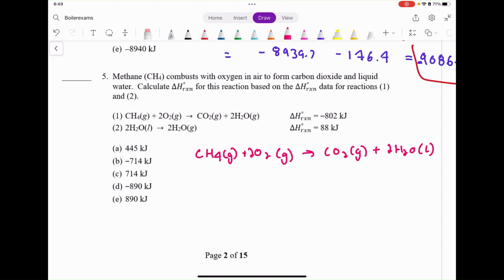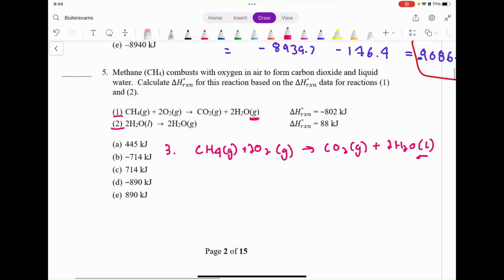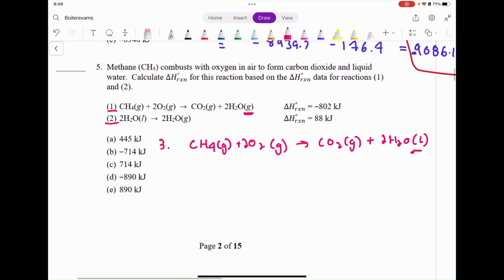So now we're going to have to use the reactions they give us, reaction 1 and 2, to somehow get to this reaction 3, the total reaction. And actually, reaction 1 is the same. It's just water is in a different phase. It's in gas instead of liquid. So in order to get to reaction 3, we're going to want to flip reaction 2 and add it to reaction 1.